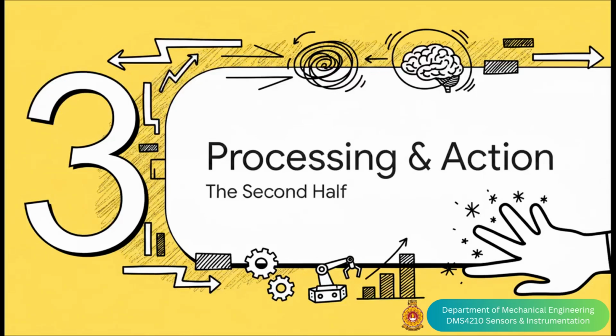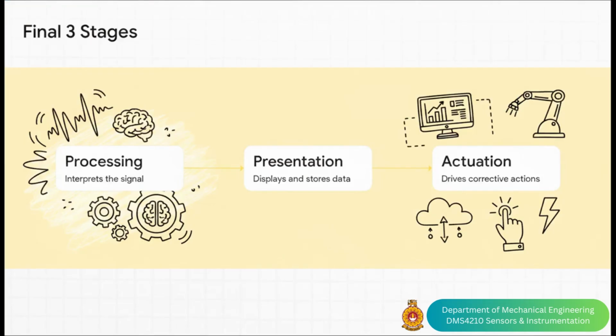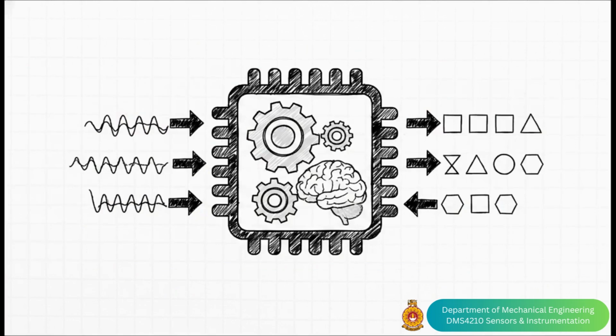Section 3. Processing and taking action. Now we are fully entering the digital realm with the final 3 stages of our chain: signal processing, data presentation, and actuation. Let's see exactly how that transmitted signal is interpreted, viewed, and ultimately used to change the physical world. At stage 4, we hit signal processing, and things start moving incredibly fast.